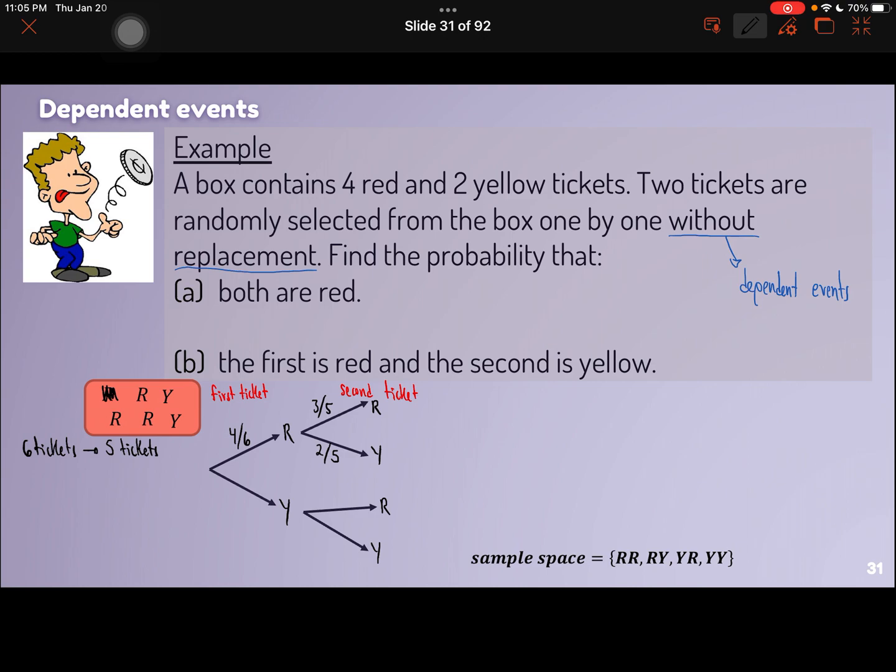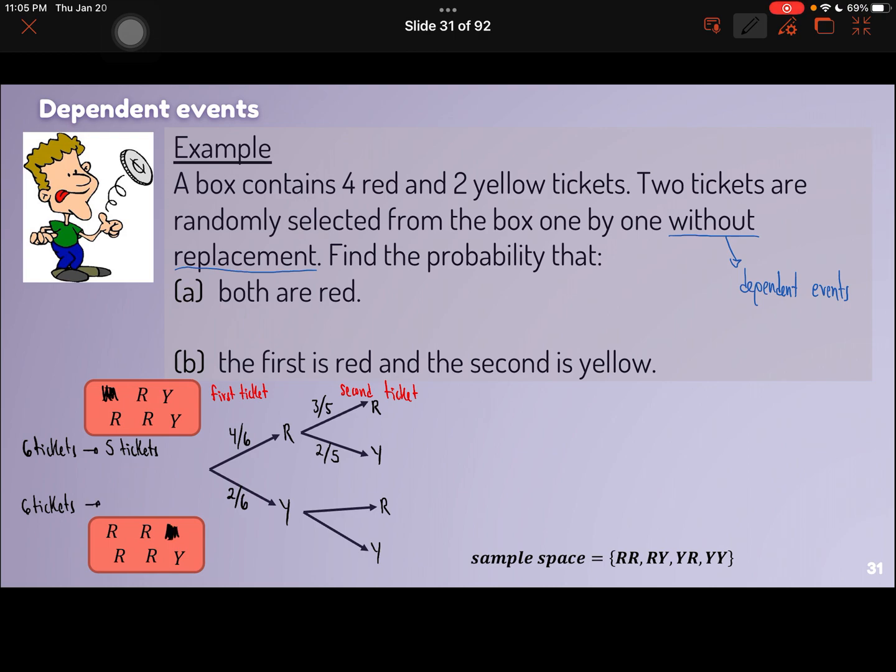And now, what is happening when the first ticket is yellow? Okay, so at the beginning we have 6 tickets, and 2 out of 6 are yellow, so the probability that the first one is yellow is 2 out of 6. And then we don't have this yellow.